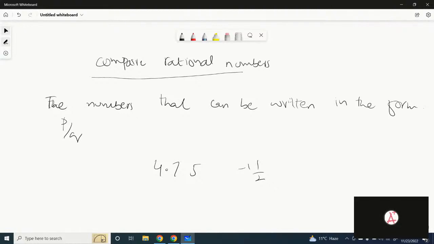Definitely 4.75 is greater. Just look at the whole numbers, 4 and negative 1. So 4.75 is greater than negative 1 whole 1 by 2. Got it?